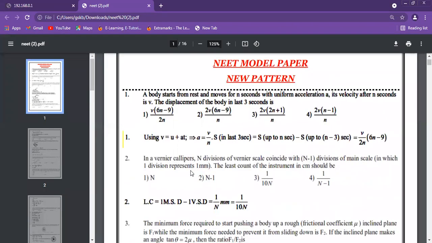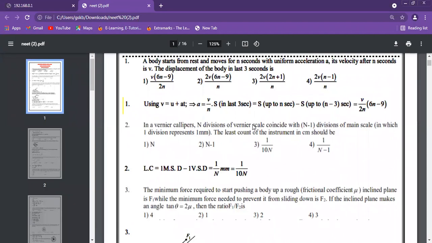So this is the first question. This is the question, and below I have given the solution also. Now this is the second one.